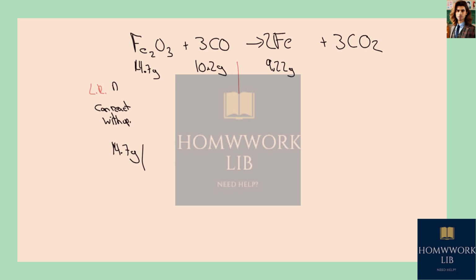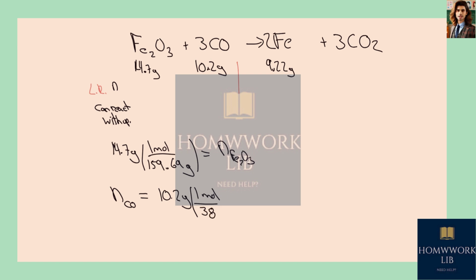We know that the molar mass of iron oxide is going to be equal to 159.69 grams per mole. And additionally, we know that in the case of carbon monoxide, 10.2 grams corresponds to 1 mole, 28 grams per mole.